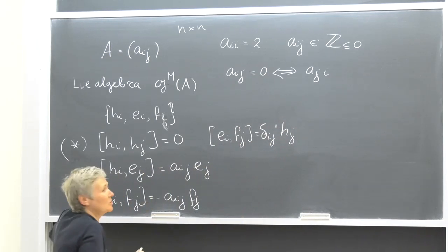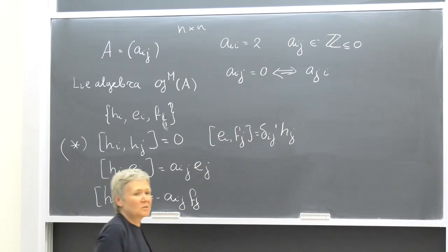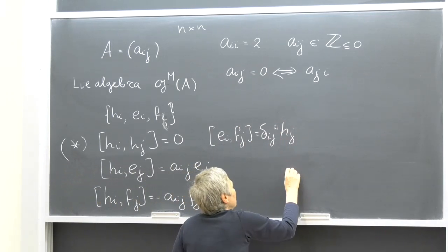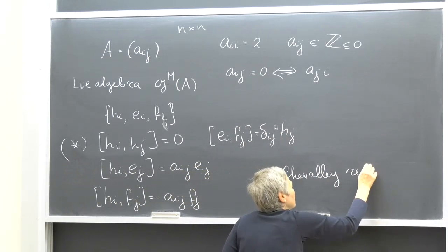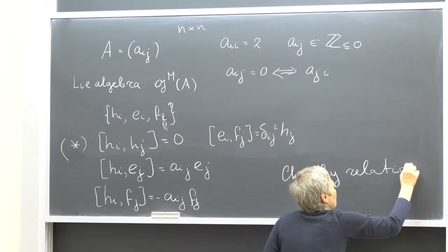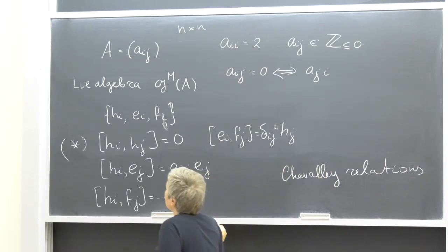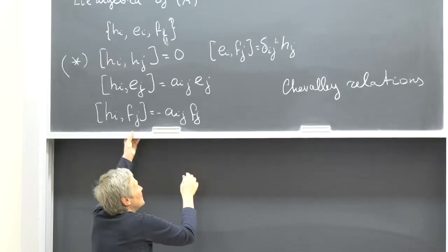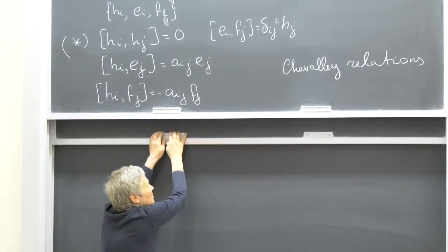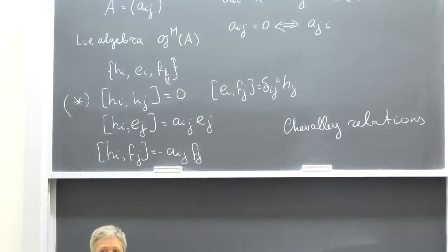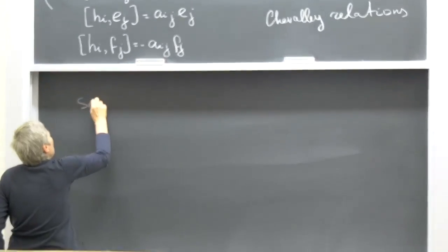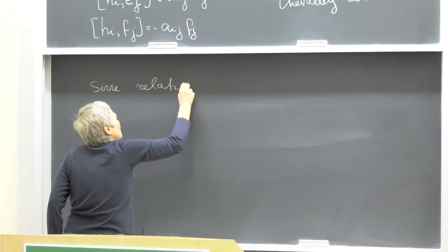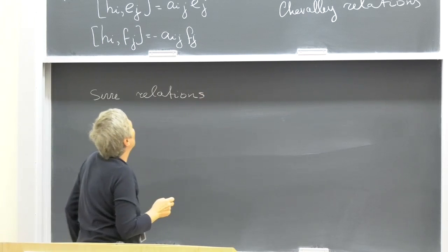The first group, I'm going to denote by a star, and I will also refer to them as the Chevalley relations. Then there is a second type of relations, which I'm not completely sure is correct historically, but I'm going to refer to them as Serre's relations.